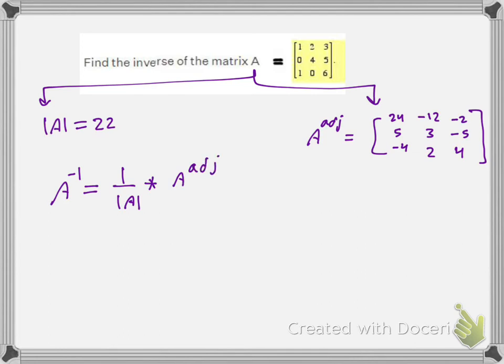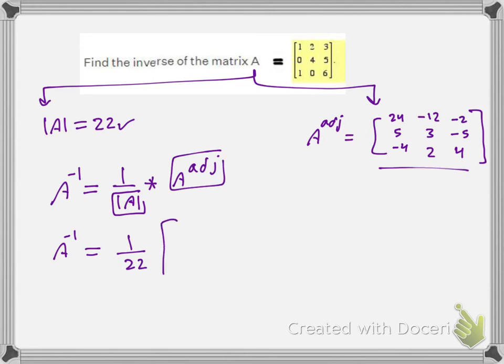Then I will substitute now. Then the A inverse equals 1 by the determinant A, this part we know it, 22. And instead of the adjoint, I will put the value of that adjoint matrix, which is 24 and 5 and negative 4. And here negative 12, 3 and 2, and negative 2 and negative 5 and then 4.